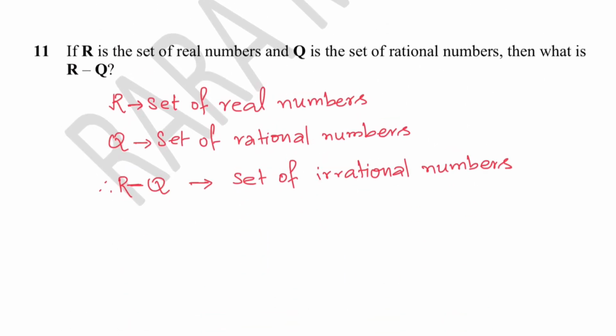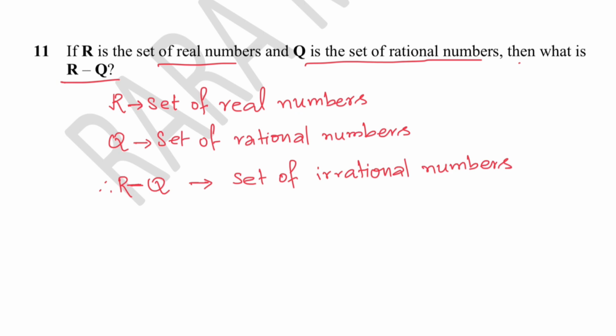And question number 11. If R is the set of real numbers and Q is the set of rational numbers, then what is R minus Q? Set of real numbers by broad definition is set of rational numbers plus irrational numbers put together.